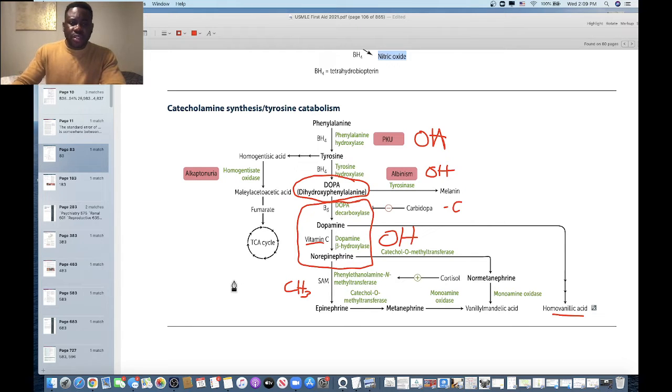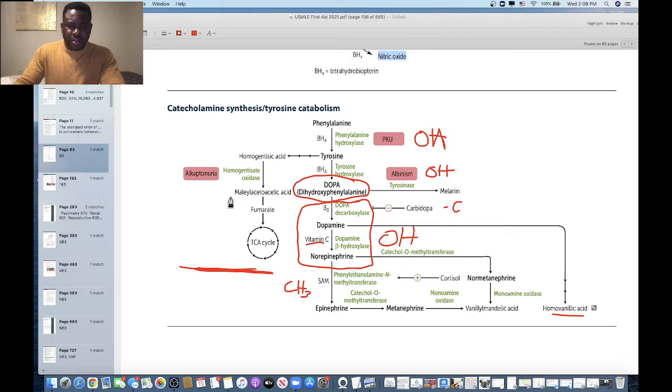Now, we cannot leave this side of the pathway out. On this side, tyrosine can also be converted into homogentisic acid. Then homogentisic acid is converted into maleylacetoacetic acid.